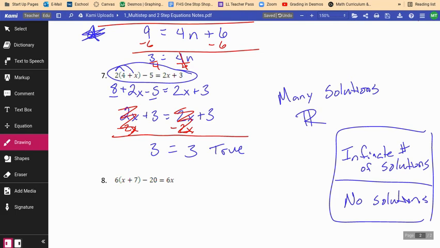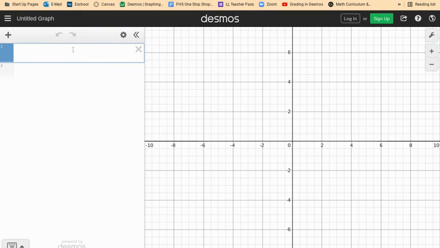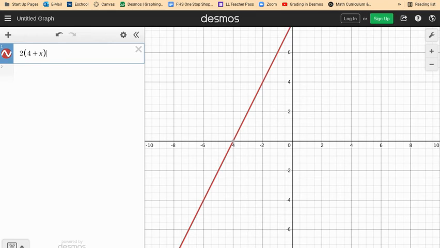For instance, let me type into Desmos here just to prove my point. Just using this as a calculator, if I had 2 times 4 plus, where we normally had x right there, minus 5, and that was equal to 2x plus 3, well, these two are equal to each other.